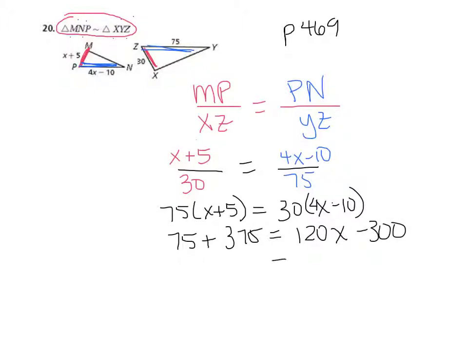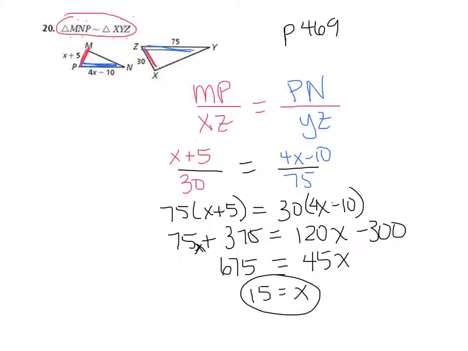So when I solve here, I'm going to take away 75x from both sides. That's going to give me 45x. And then I'm going to add 300 on both sides. That's going to give me 675. And when I divide both sides by 45, I end up with x equaling 15.